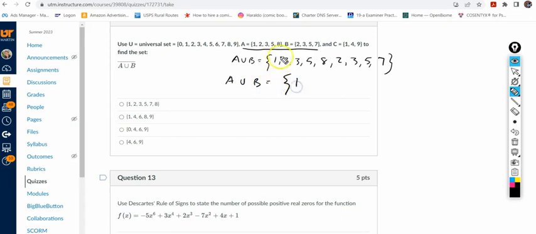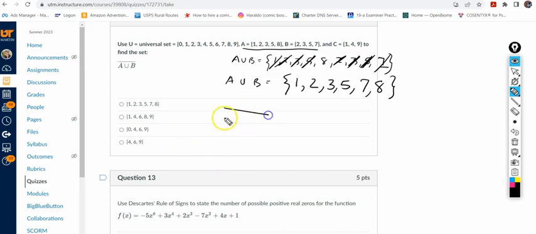So I've got 1, then 2, then 3, there's not a 4, we've got 5, there's not a 6, there is a 7, and then finally an 8. So that's what A union B would look like, but now we want the complement of it.